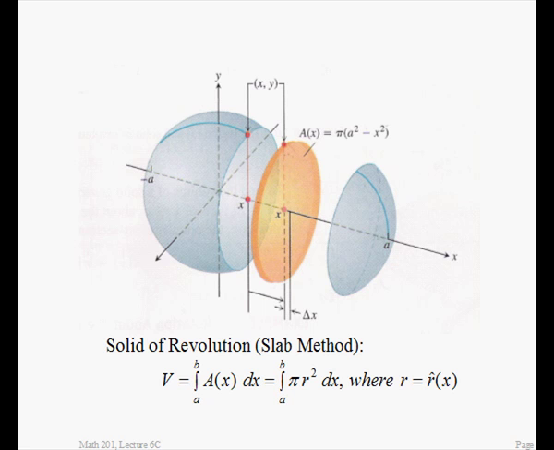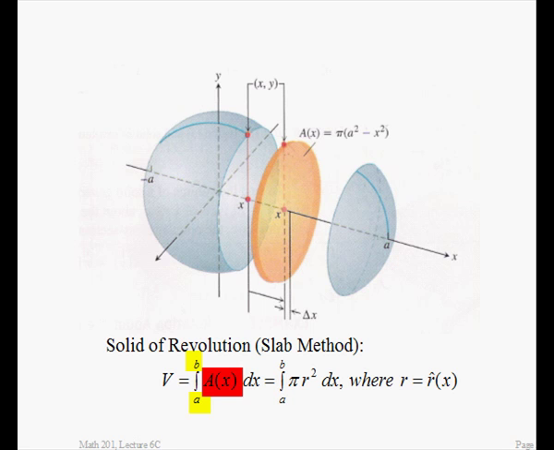In a variation of the slab method, we have the solid of revolution. A solid of revolution is skewered onto the x-axis, right? And varies from a to b, whatever a to b happens to be. In this case, it's minus a to plus a, but that's fine. Some limits of integration. And then just like in the slab method, you're integrating the cross-sectional areas.